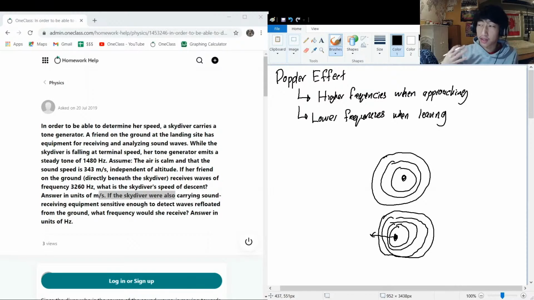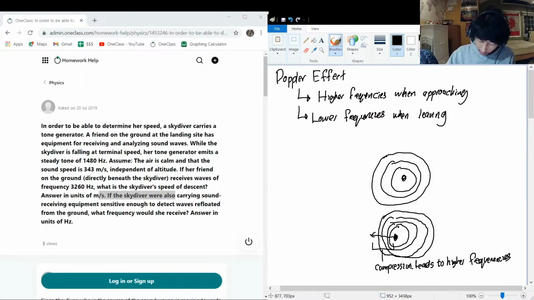If I'm moving with the sound I've set out, it's going to get higher frequencies. So this area is compression, which leads to higher frequencies.